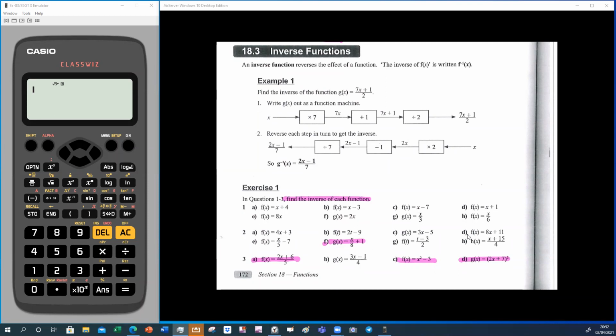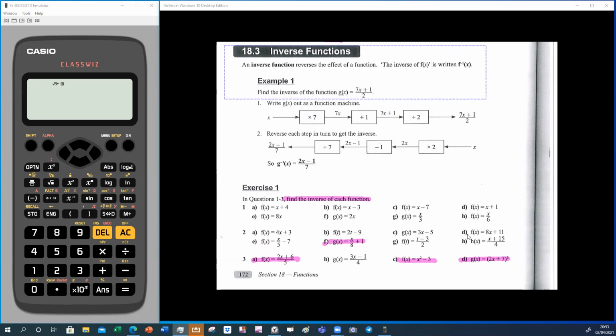Now, so they've got the question out there at the top, g of x equals 7x plus 1. What I want to do, let's just do ourselves fresh. Give me a second while I get myself. Where's the question gone? 17.3. Are we there? Yeah, I think we're there. So let me add a page. And hopefully it'll be the same style. Just copy out this part of the question. Okay.